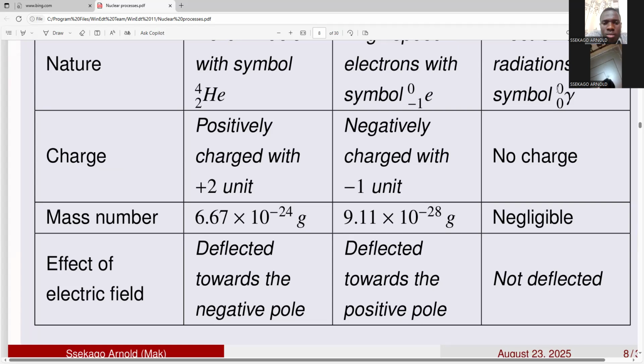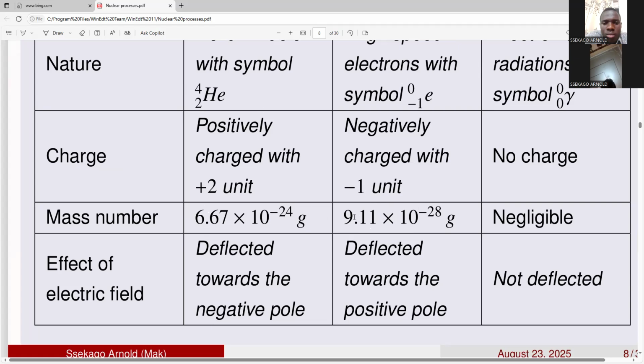So if we compare the weights of these particles, this is something which you shouldn't cram. This is the weight of the alpha particle, this is the weight of the beta particle, and for the gamma rays, their weight is negligible.